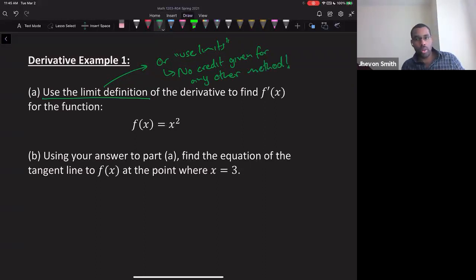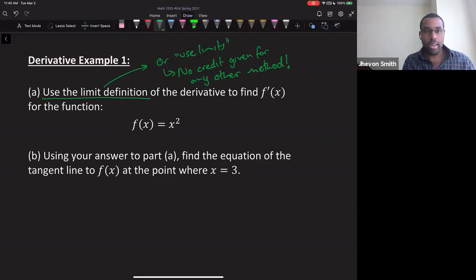The point of this question is specifically for you to use the definition. Eventually, not today, I'm going to give you a lot of shortcuts and formulas that allow you to find derivatives without going through a limit formula. That comes later. But for now, I want you to get used to using this formula because I'm specifically going to ask you to use the definition to find derivatives.